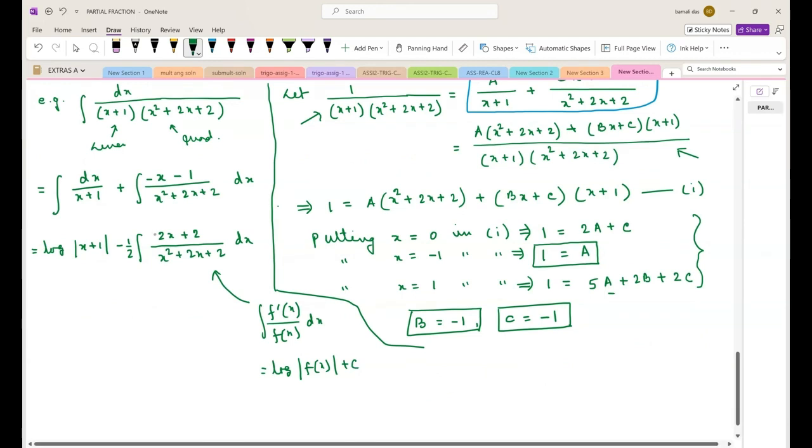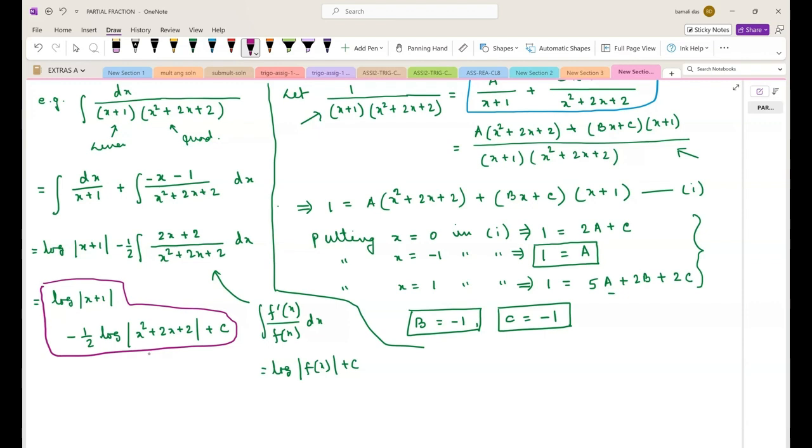So that is precisely what we have done. So ultimately you have log mod x plus 1 minus half log mod x square plus 2x plus 2 plus c. So that is your final answer. This is your answer.